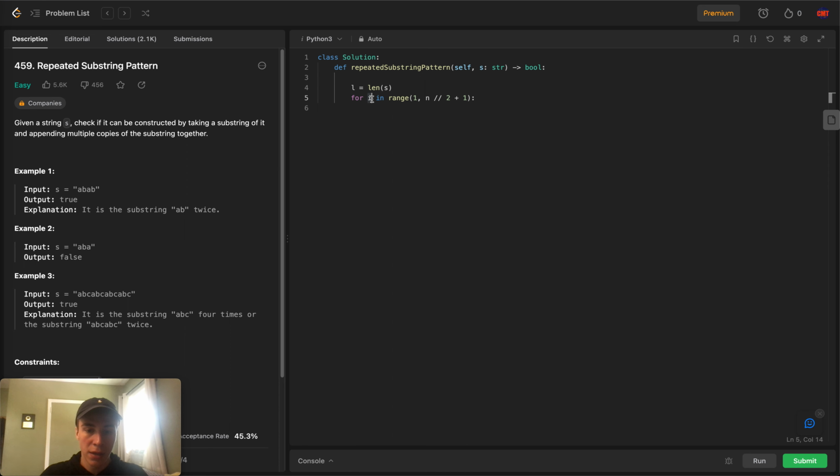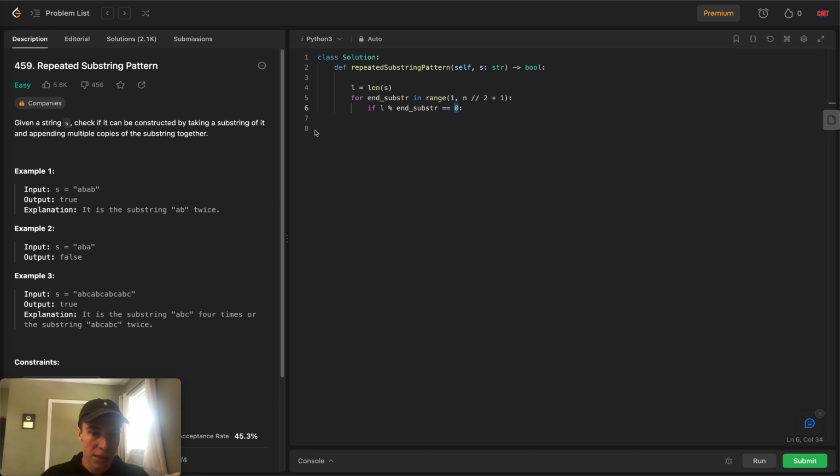i is going to be the end of the substring. Then we are going to have if L modulo end sub str is equal to 0, so that basically if the substring that I'm currently looking at divides the length of the whole input string evenly without there being any remainders.